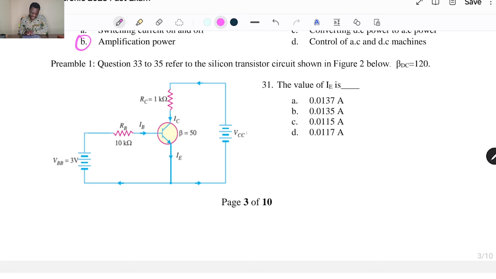To find IE, we are given beta DC. Beta DC is going to be IC over IB.